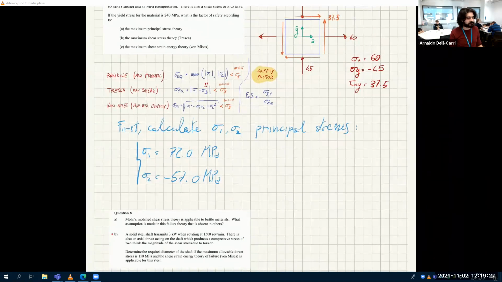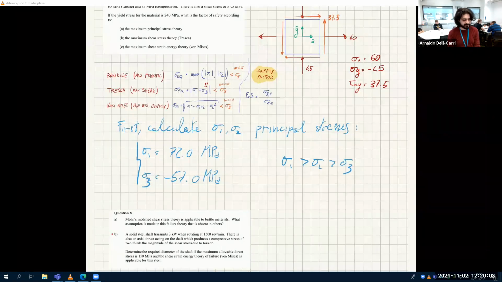How much is sigma 3? Well, the other sigma is 0, because we are in plane stress, so one of these sigmas is 0. They are always in order: sigma 1 is greater than sigma 2, which is greater than sigma 3. The largest one is 72 and the smallest one is minus 57.